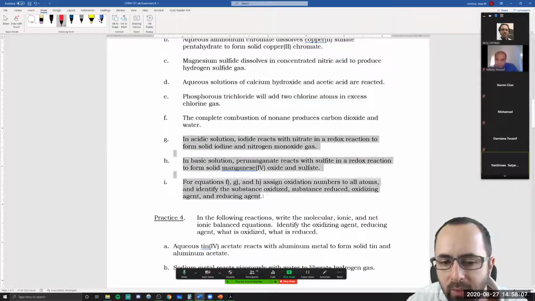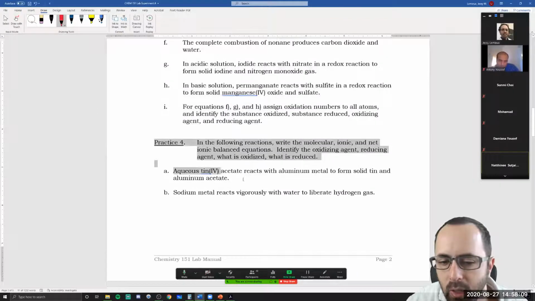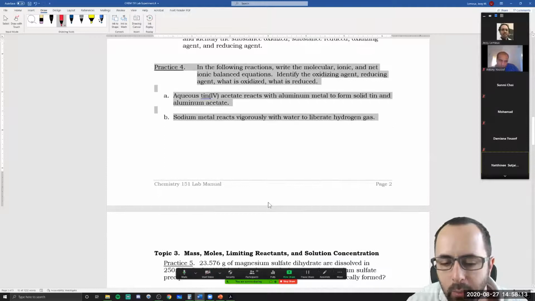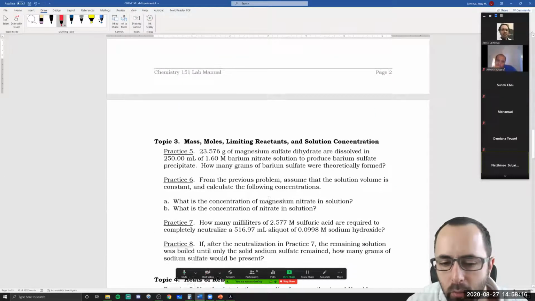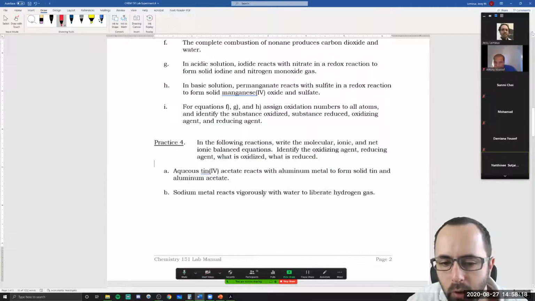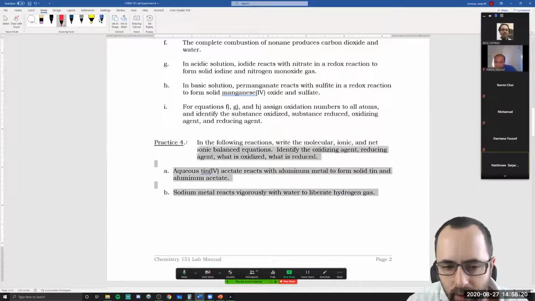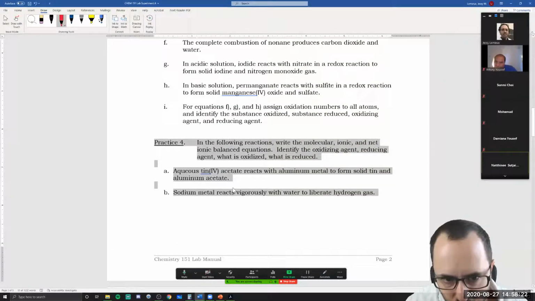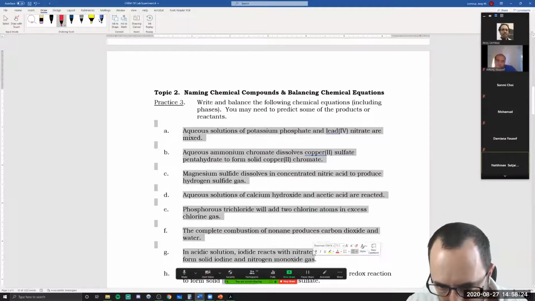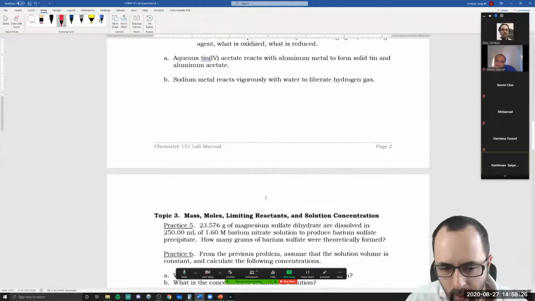The last ones ask you to do some oxidation reduction. So practice 4, I didn't cover as in depth. I may need to make an extra video of that for you, but do your best. I'll point you to where it is in the book. It's in the part about oxidation reduction reactions, the same chapter where we talked about all of this stuff. It's all in chapter 4.